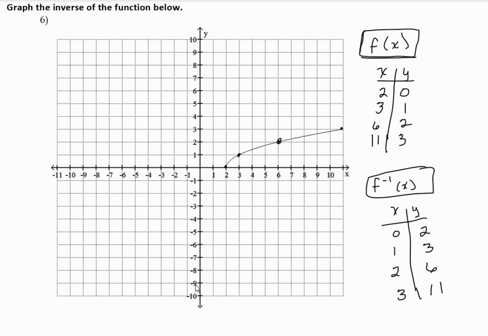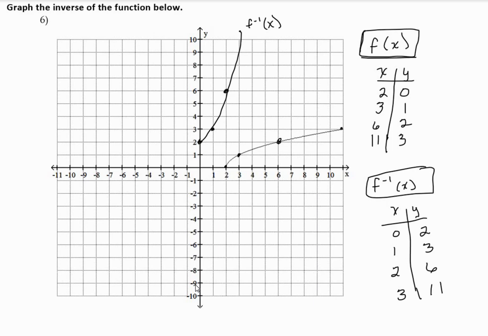Now I'm going to plot these points: (0, 2), (1, 3), (2, 6), and (3, 11), and I'm going to connect them. And that is the graph of my inverse function.